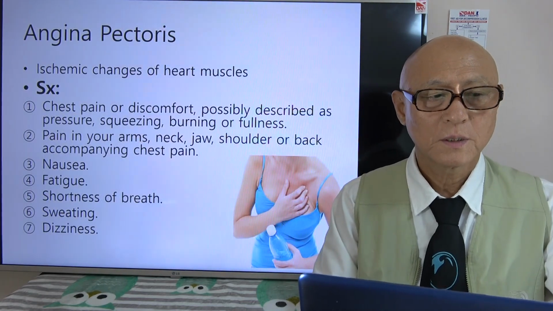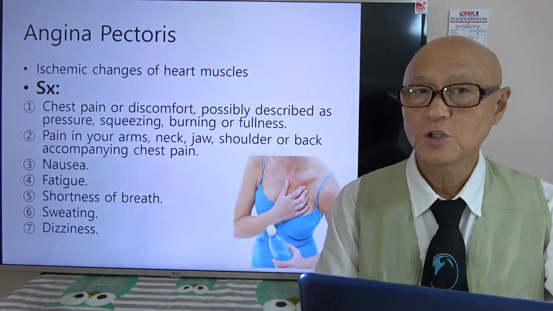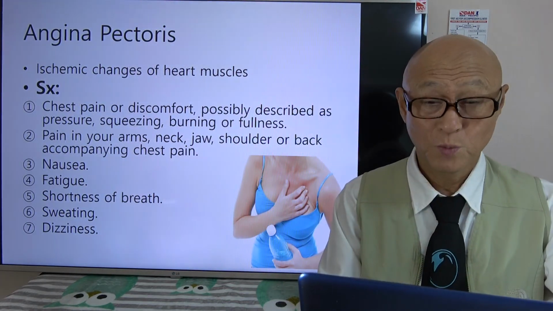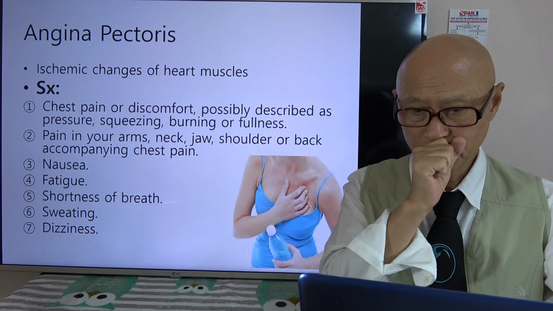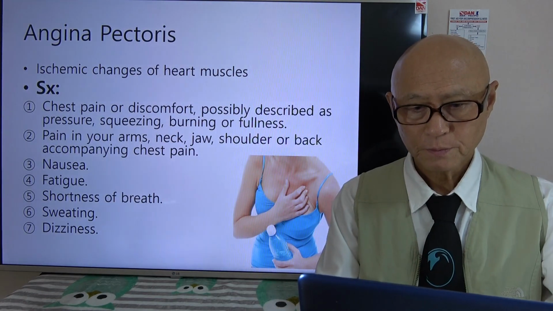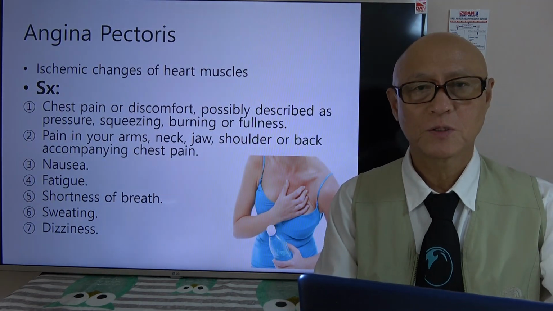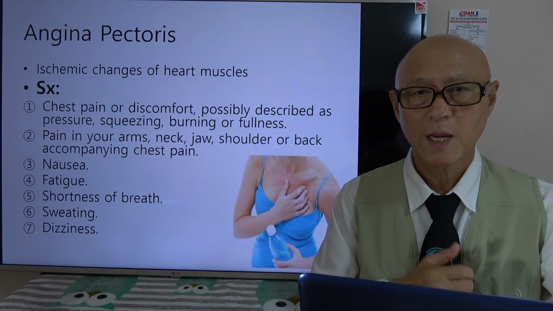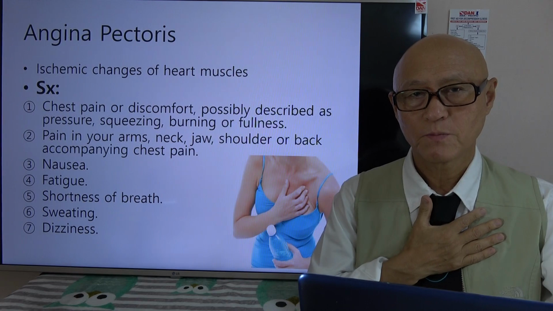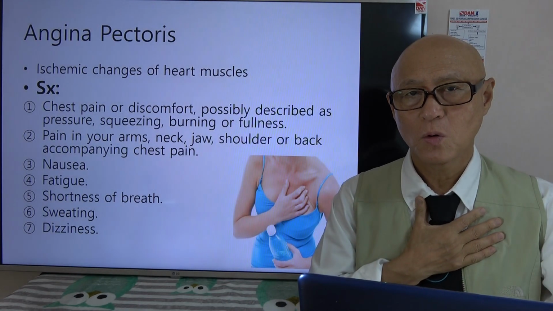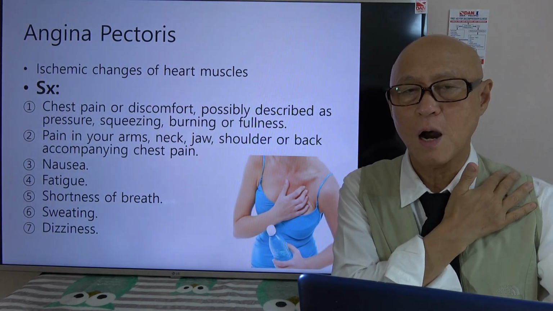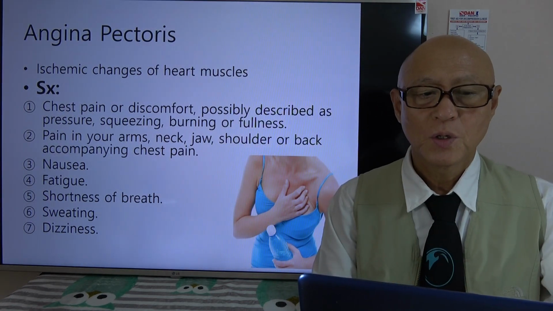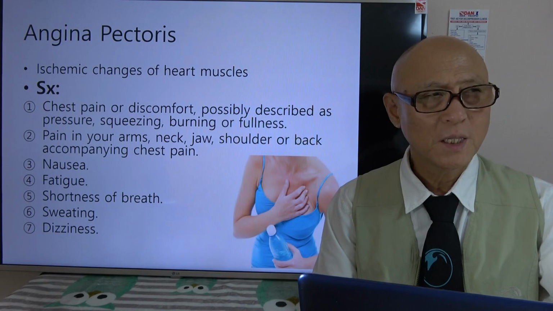Angina pectoris, this is an ischemic change of heart muscles. Angina pectoris means pain of the chest. So we have pain on the chest, and then it goes to shoulder, arm, neck, jaws, and it's called radiating pain.